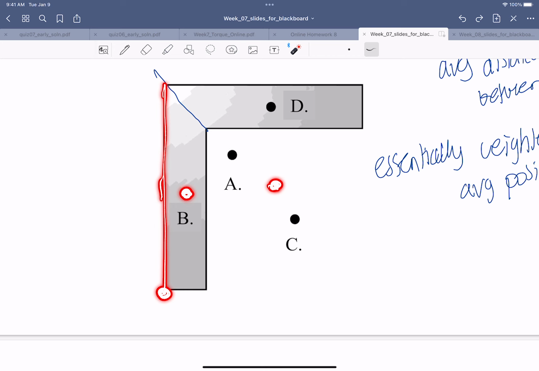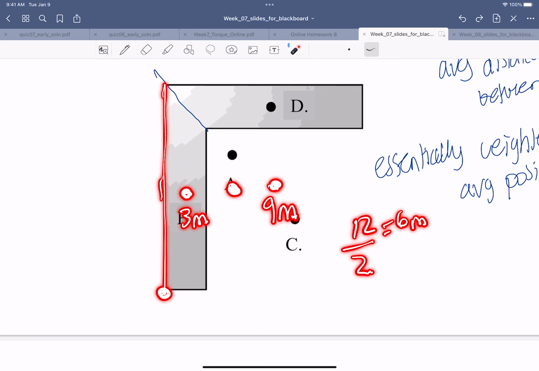So if this is 3 meters away and this is 9 meters away, then the average between them, 3 plus 9 is 12 divided by 2, is just going to be 6 meters. So somewhere along the middle here, in the x-axis at least, is where my center of mass should be. That's my x-coordinate for the center of mass.